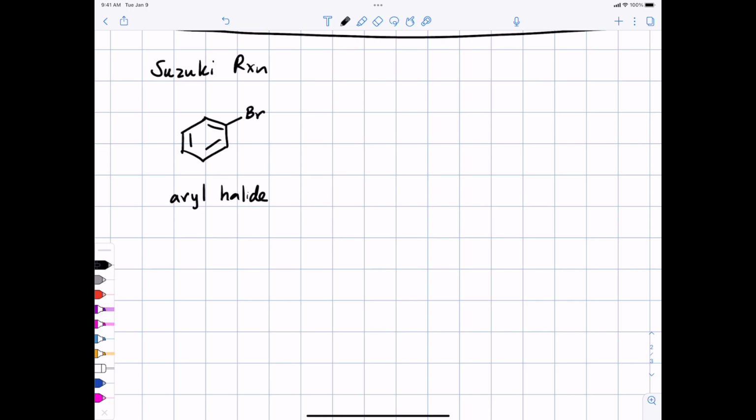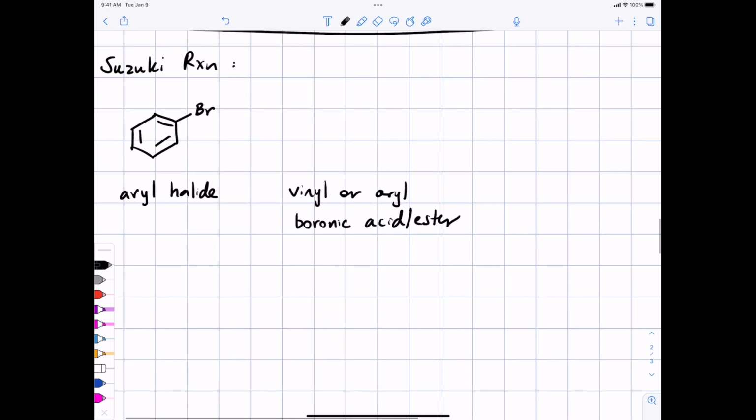And then you need either a vinyl or an aryl boronic acid or ester. So I'm going to show you an example of a Suzuki reaction, then I'll show you some other things that work.